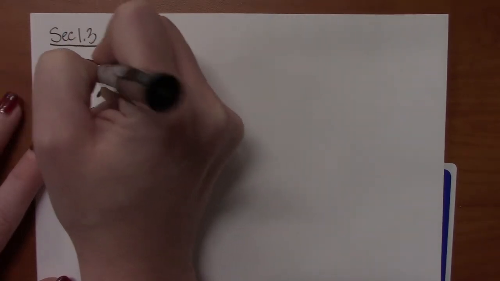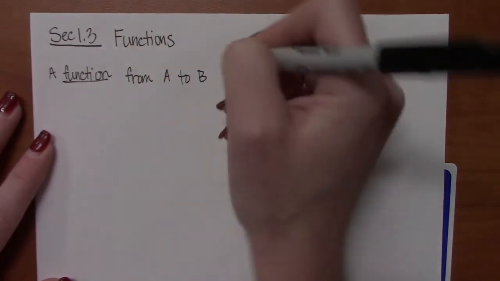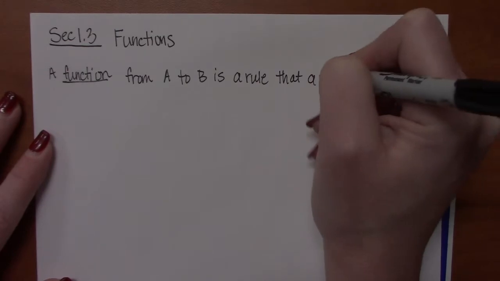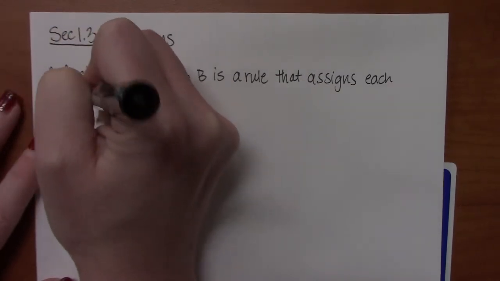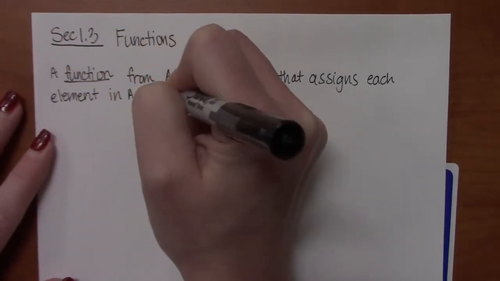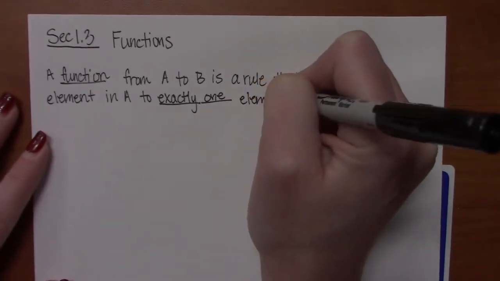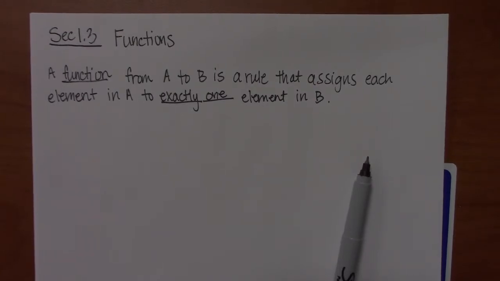So first, let's define a function. A function from A to B is a rule that assigns each element in A, and this is the important part, to exactly one element in B. When we're talking about a function from A to B, A is going to be the input variables, and B is going to represent the output variables.